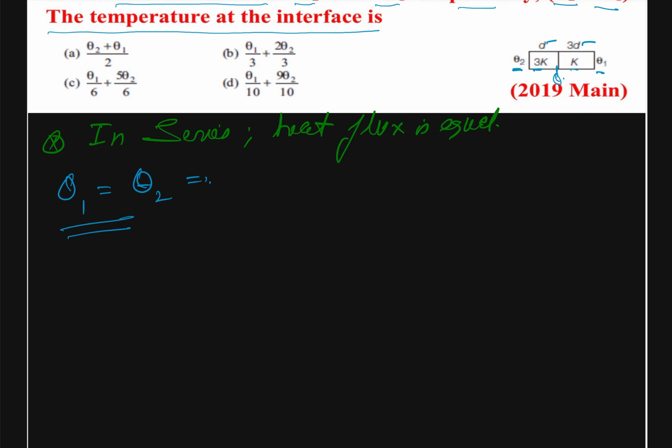Therefore we can write the standard formula: their conductivity, that is our 3K, area, and the temperature difference, junction we assumed is our theta. So we get this as theta 2 minus theta divided by their width, which is given as d, and on the other side we have KA and theta minus theta 1 divided by 3d.